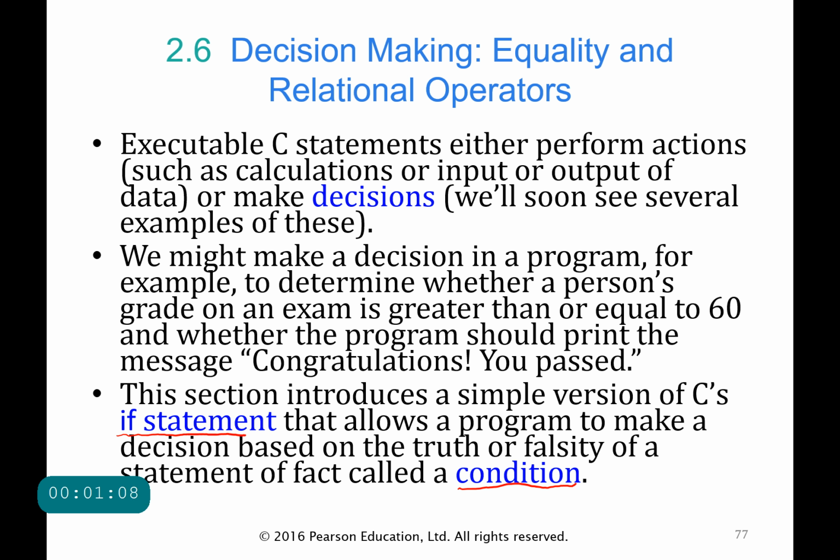So if statements are very important in the sense that they allow you to make decisions to control what your program does based on the presence or absence of a certain condition.